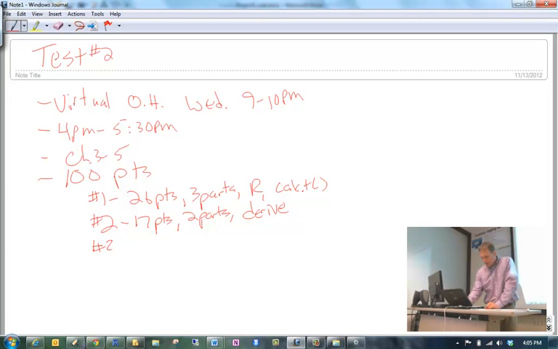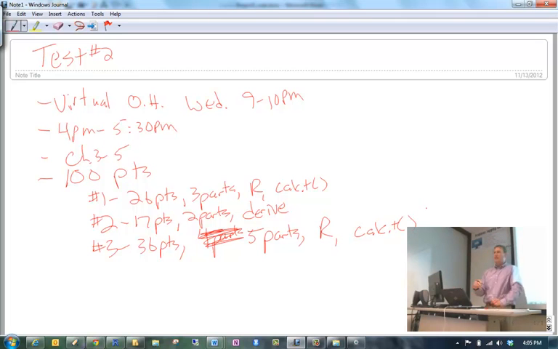Number 3 is worth 36 points. It has 4 parts. I'm sorry, 5 parts. There's going to be some R, and there's going to be a calc.t function that you're going to have to construct again to do some calculations. And lastly, number 4 is worth 21 points.